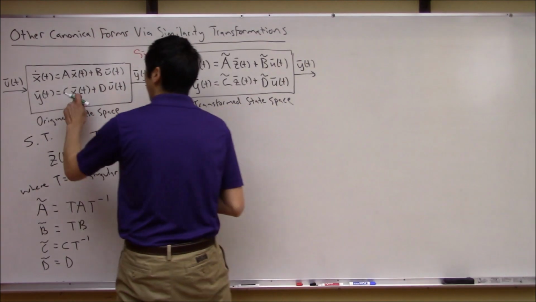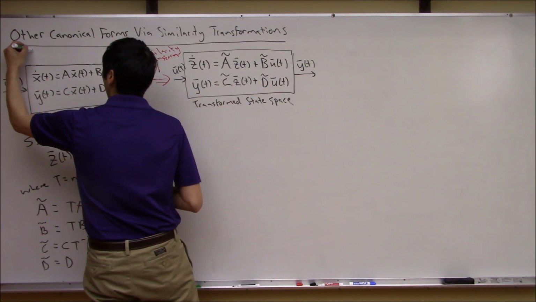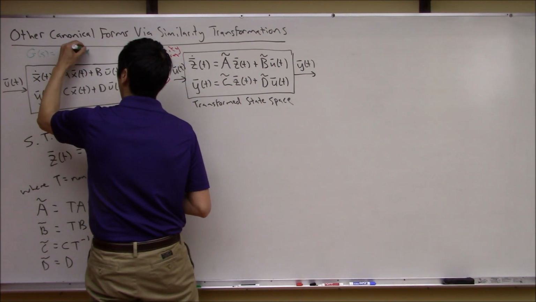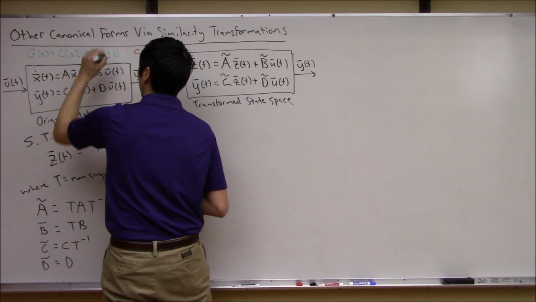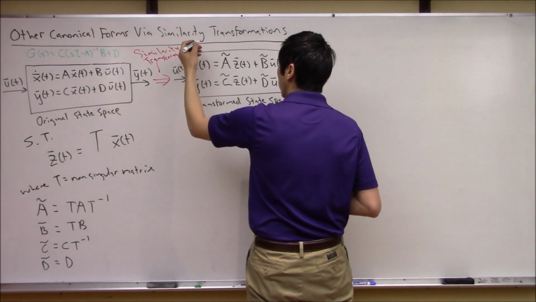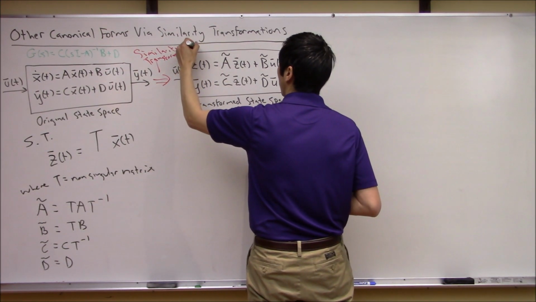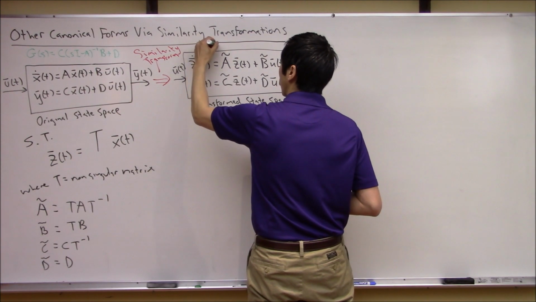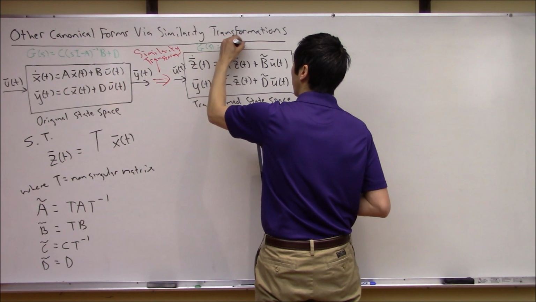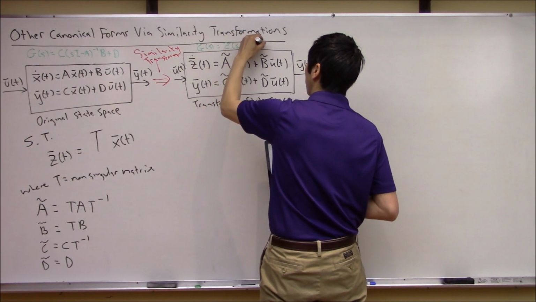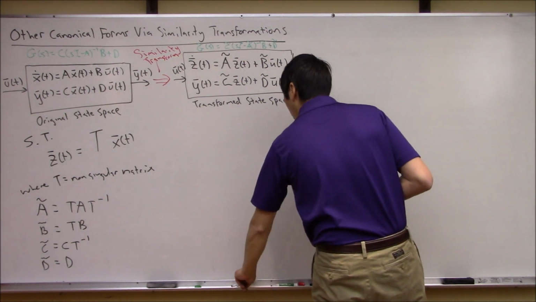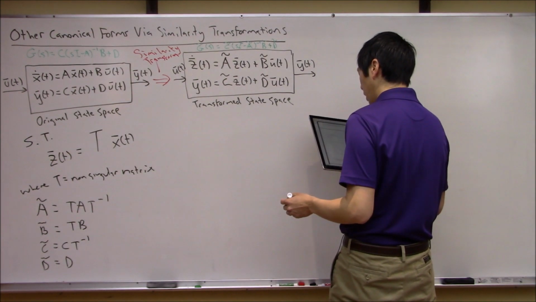This has an equivalent G of s equal to C times the quantity sI minus A inverse B plus D. How about the transformed system? It also has an equivalent transfer function, which we can call G tilde, equal to C tilde times sI minus A tilde inverse B tilde plus D tilde. Would everyone agree? Let's work this out and see what we end up with.